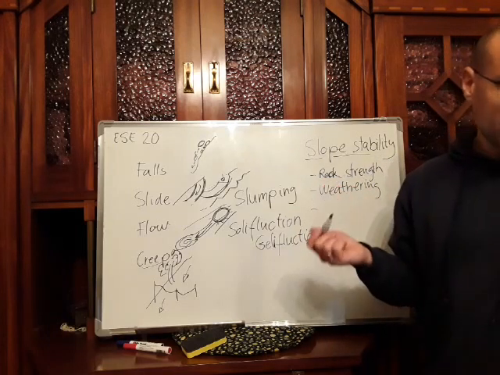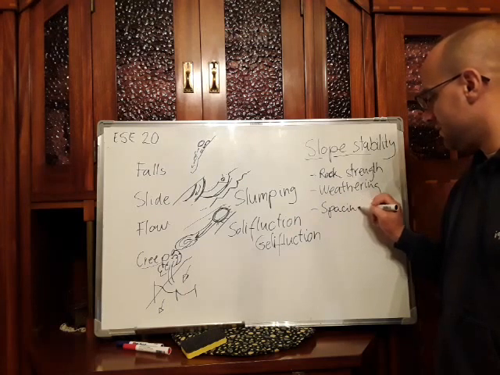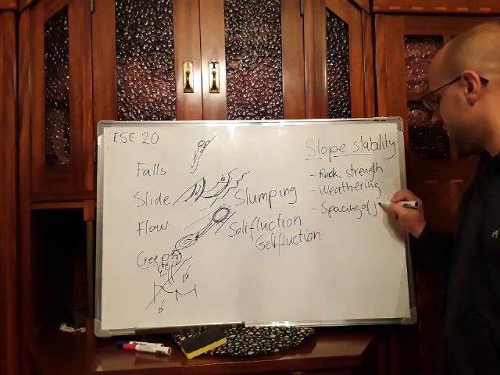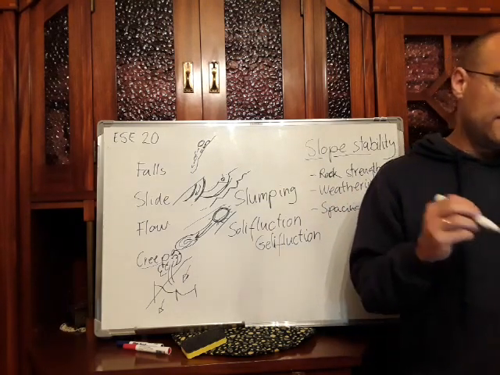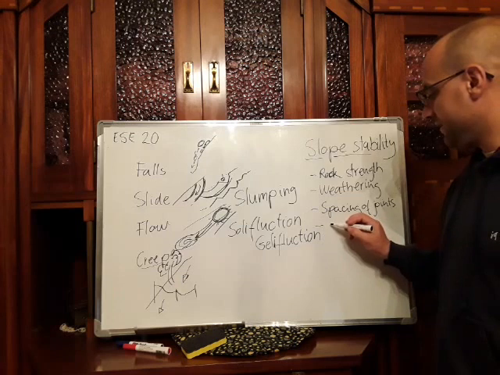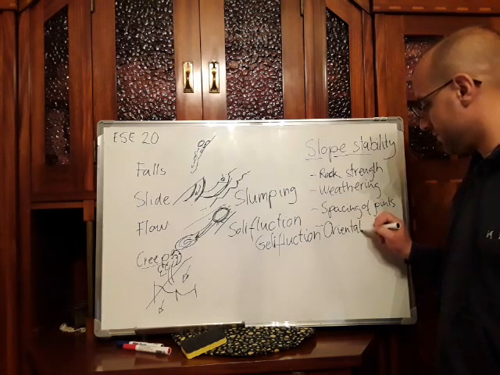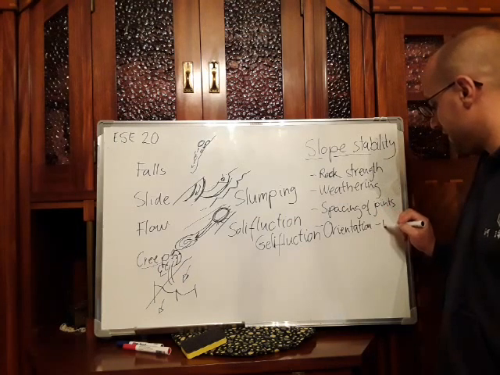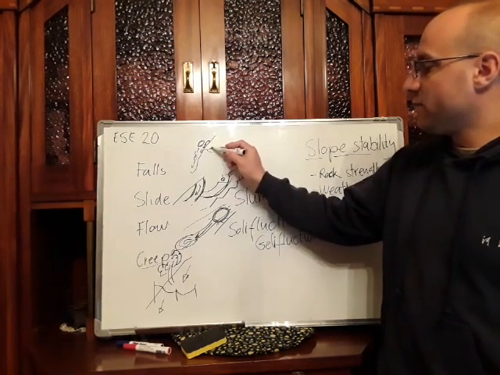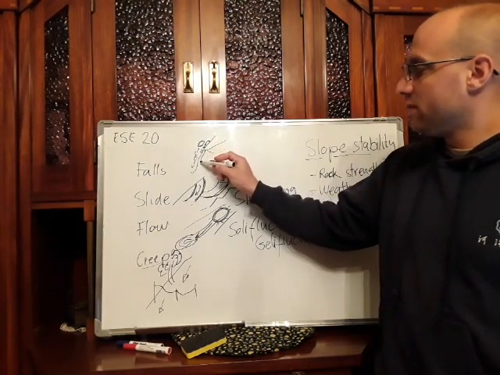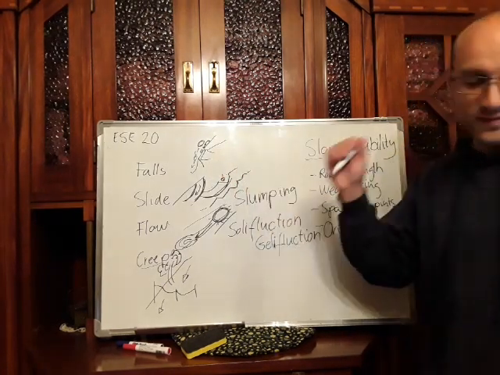So that would be spacing of the joints. Also related to this jointedness, we can think of the orientation. Orientation of the joints. So how, like in this case, the cracks would be parallel, or in what degrees the cracks would be compared to the slope itself.